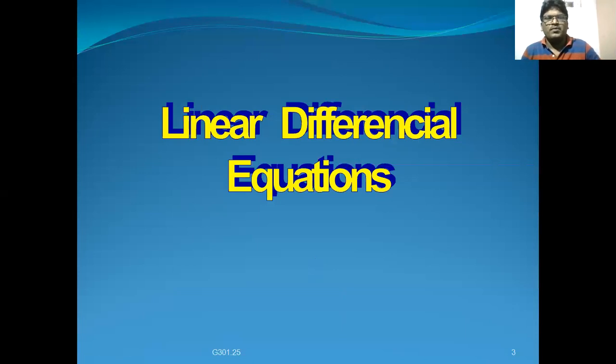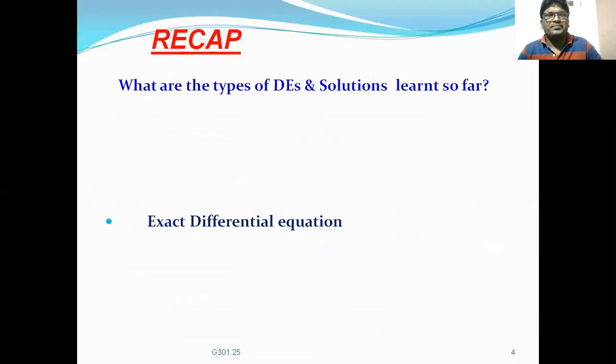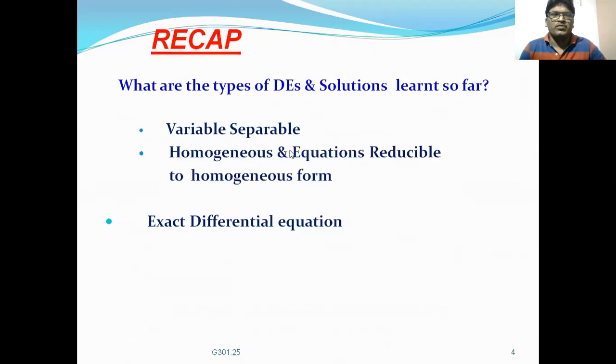So today I am going to teach about linear differential equation of first order. We learned in the previous session, and I will review once again. First, variable separable.